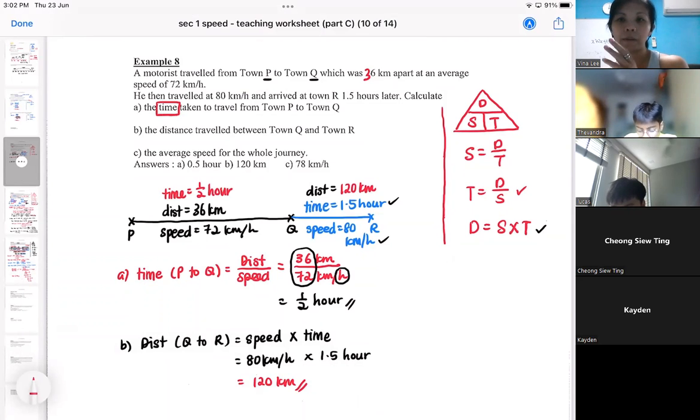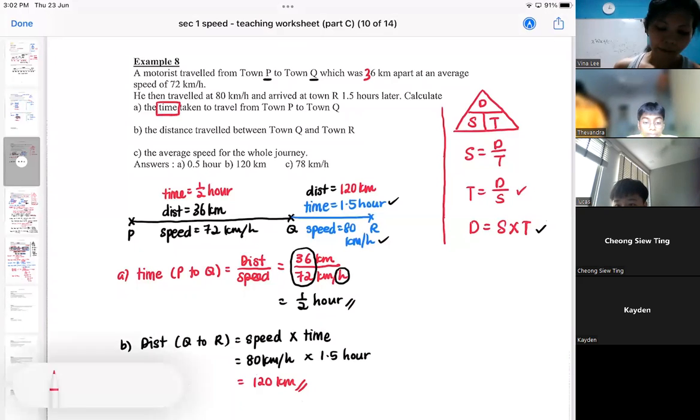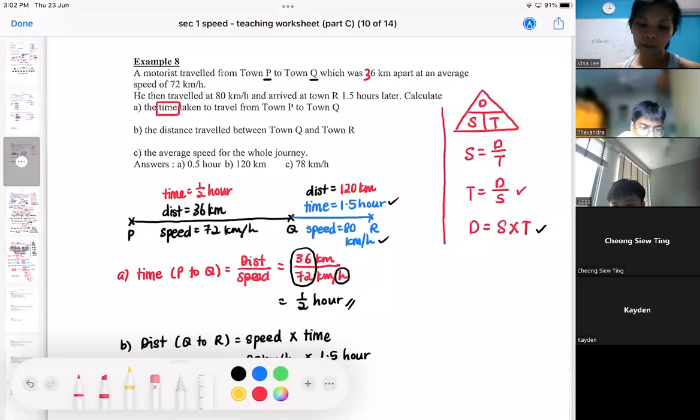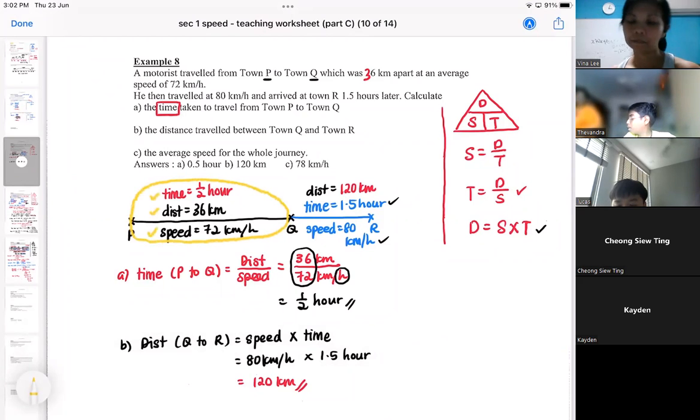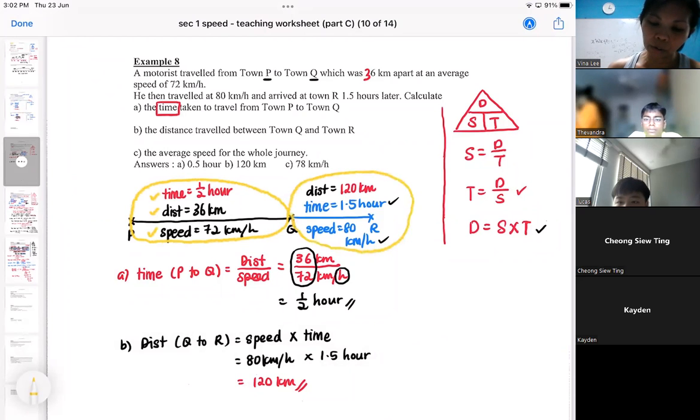So I want you all to observe. There are two journeys here. By the end of this part, do you realize the first journey has all the distance, speed, time? The second part of the journey, you also got the distance, speed, time.